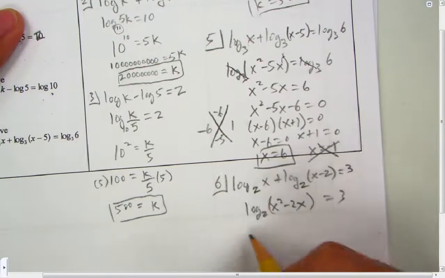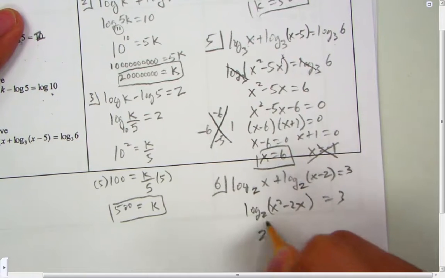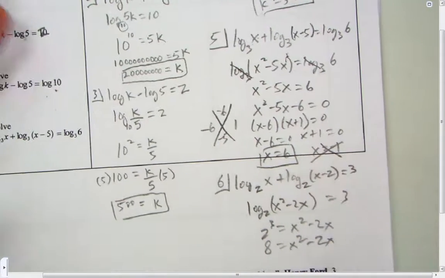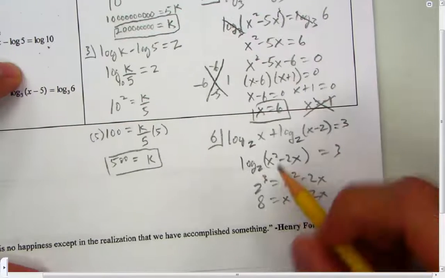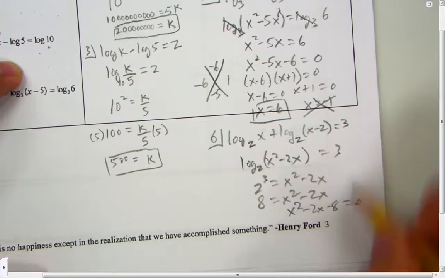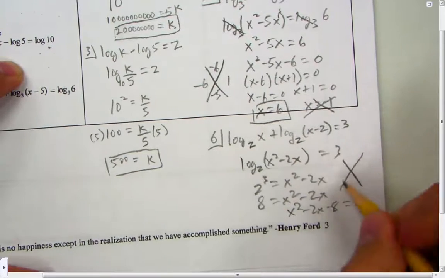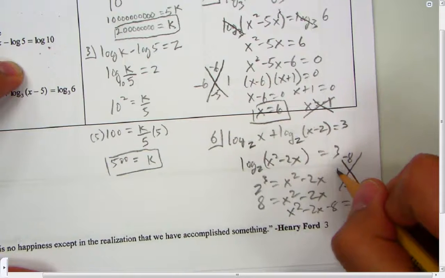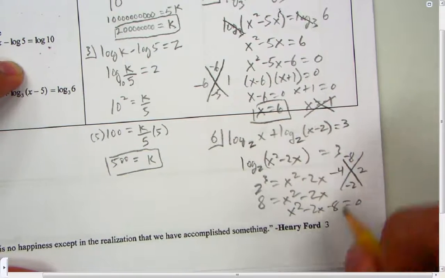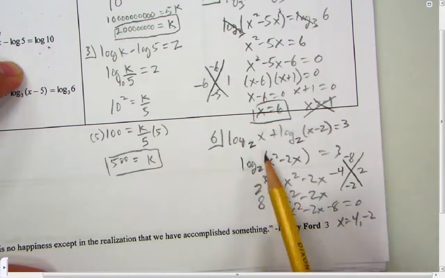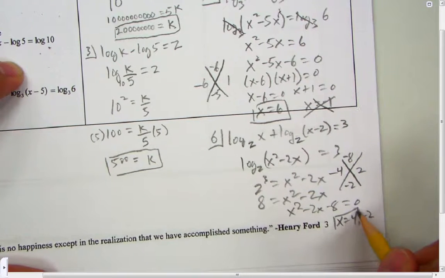I'm going to rewrite it in exponential because there's not a log on this side, so 2 cubed equals x squared minus 2x. 2 cubed is 8. I'm going to subtract 8 on both sides, so that's going to be x squared minus 2x minus 8 equals 0. I'm going to do the diamond, so negative 2, negative 8, and it'll be 4, negative 4, and positive 2, so x equals 4 and negative 2. I plug it back into the original equation, so x equals 4.